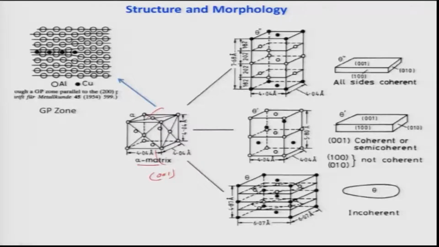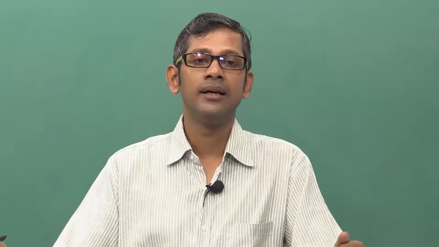You see these are the copper atoms sitting as a layer, and because of that it forms a very distorted structure in the lattice, and therefore these are known as zones. In fact, these were discovered by Guinier and Preston simultaneously while analyzing the X-ray diffraction patterns of these alloys.